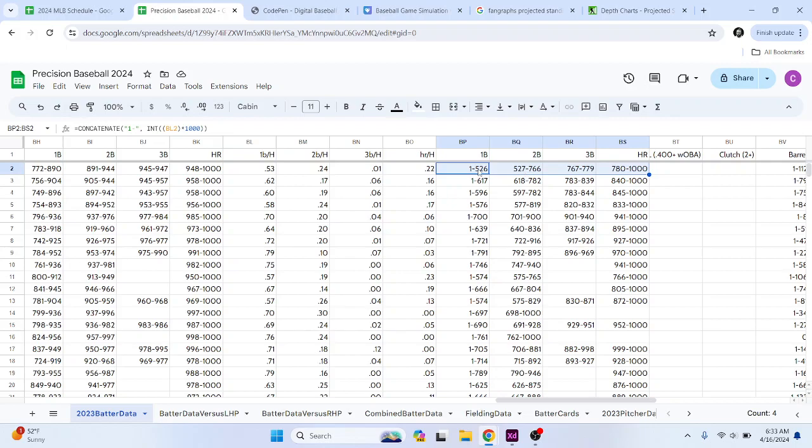So you have to figure out what is his singles percentage against all the hits. So how many singles out of all of his hits did he have? So we make those calculations here. Again, that's singles, J2 divided by I2. You can see I2 is the hits.